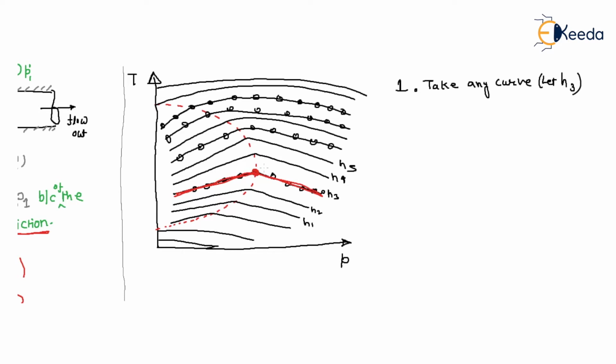We see that in some part of the curve the slope is positive, and in some part of the curve the slope is negative.